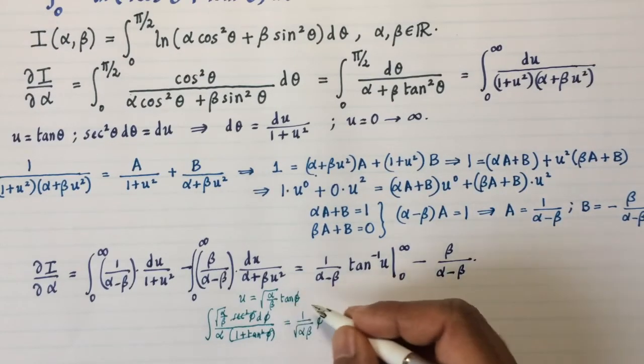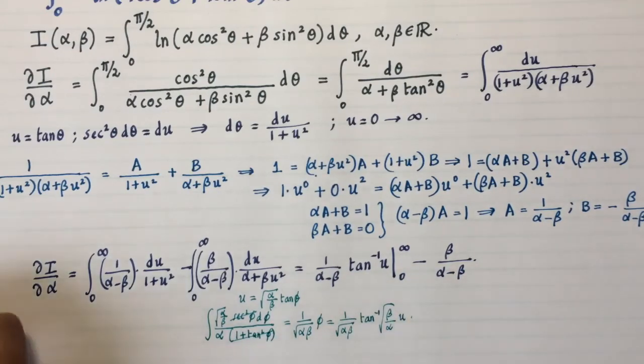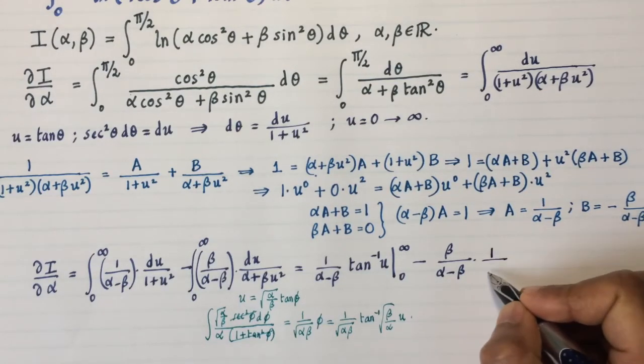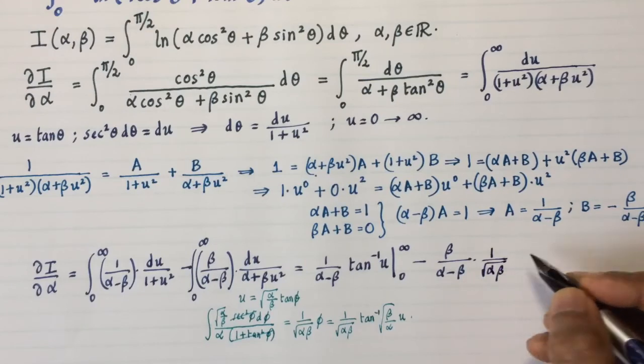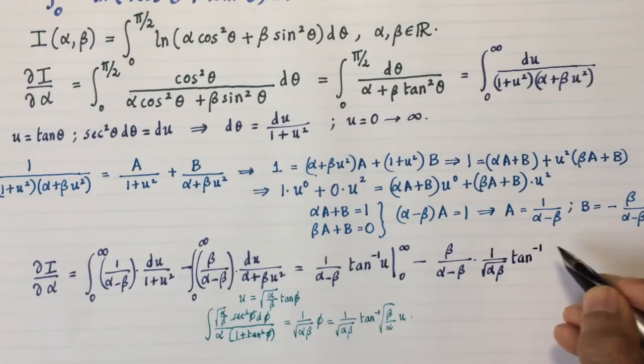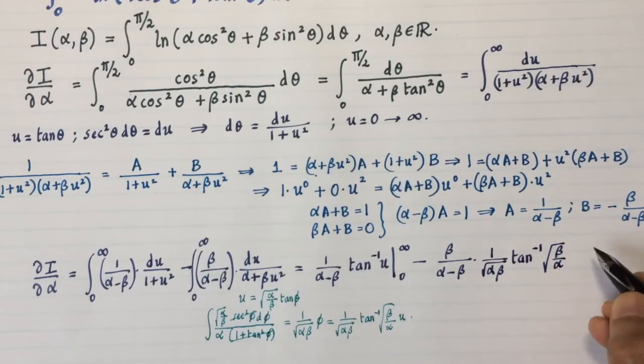So when I solve for phi, that'll be the arctangent of that whole thing. So that's the answer. Okay, with that done, we'll put that here. So that's going to be 1 over root alpha beta times arctangent of square root of beta over alpha times u, also between 0 and infinity.